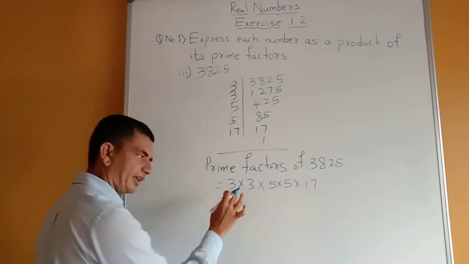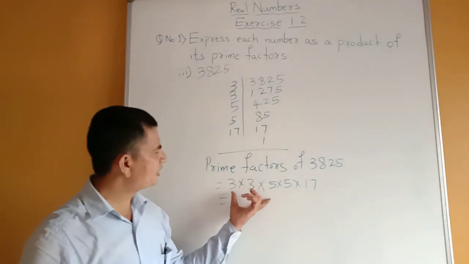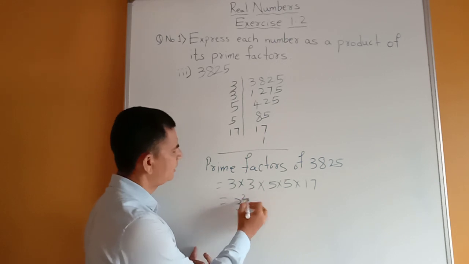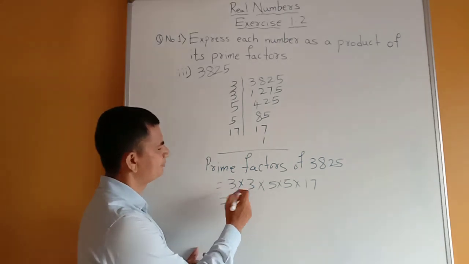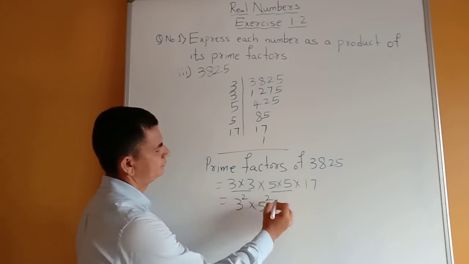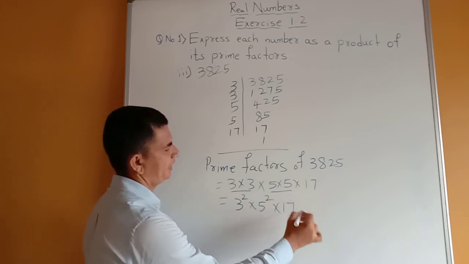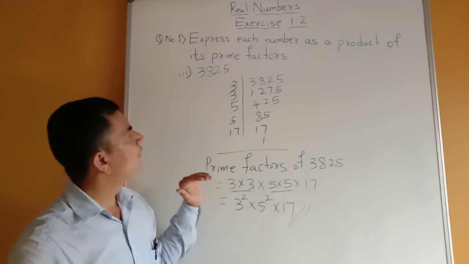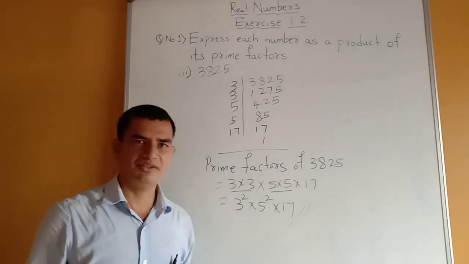And one more step you can write here, as I told you, which numbers are repeated, you can write in the power form. 3 square means the 3 is repeated 2 times, into 5 square into 17. That is it. That is how to find out the prime factors.